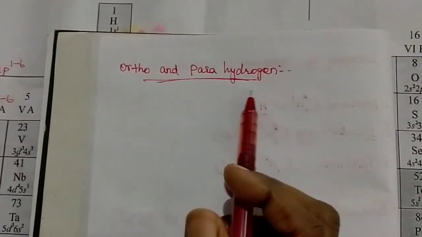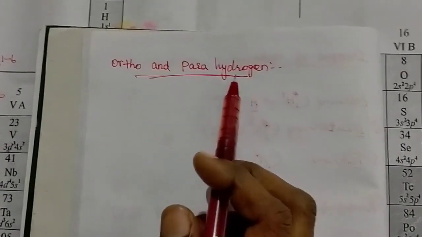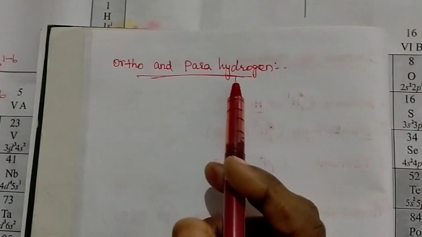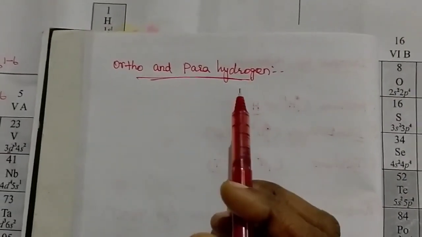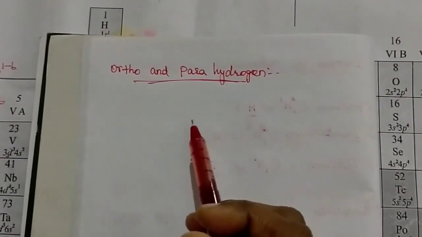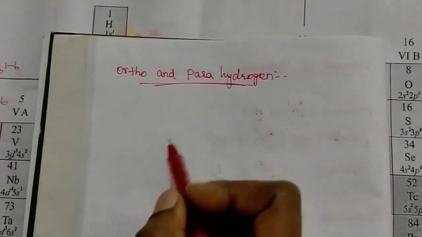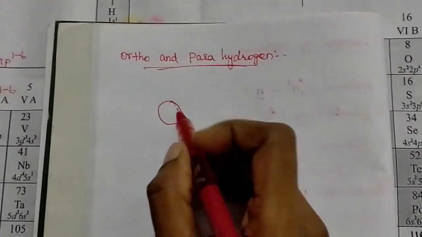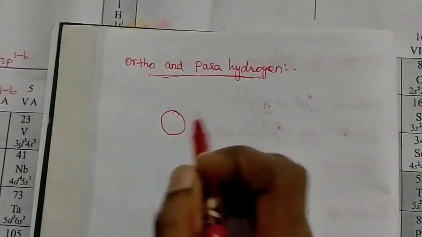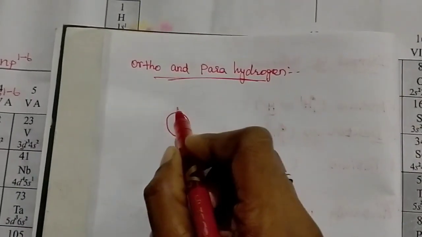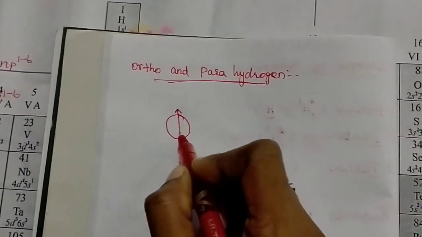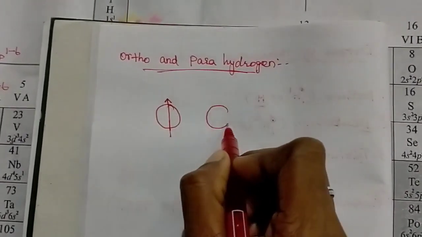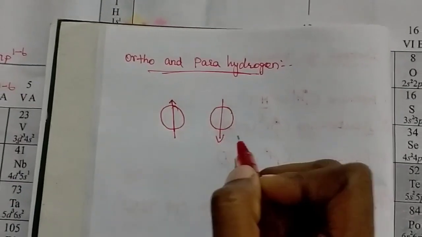We have two forms of hydrogen, ortho and para hydrogen. What are ortho and para hydrogen? Generally, a nucleus has a spin. A hydrogen nucleus with one electron has one spin, which may be in one direction or in the opposite direction.